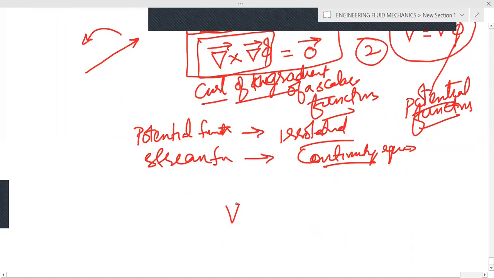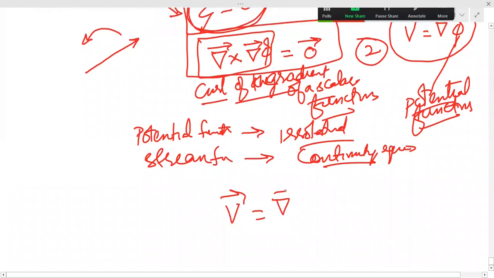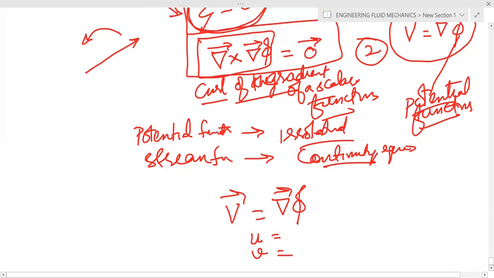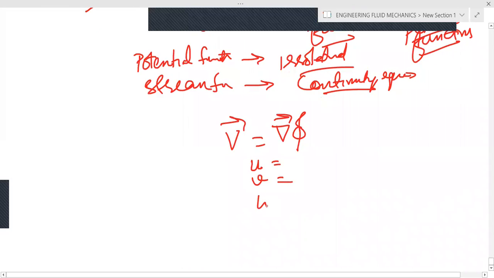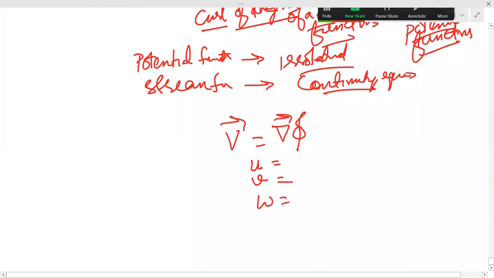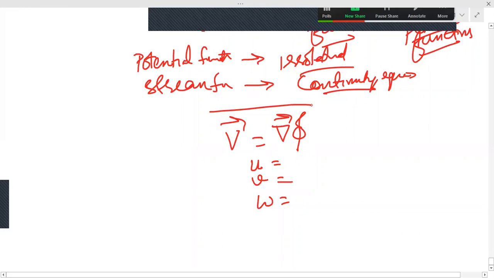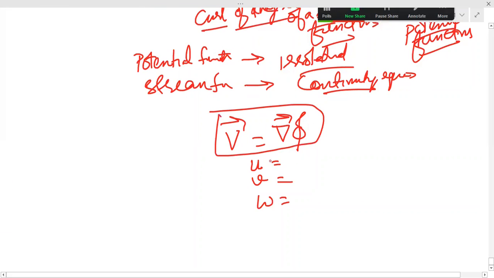Now if V is del phi, then what do you think U is equal to, and V equal to, and W equal to? From this equation, what do you think U, V, W, the velocities in different axes, are equal to in terms of phi?